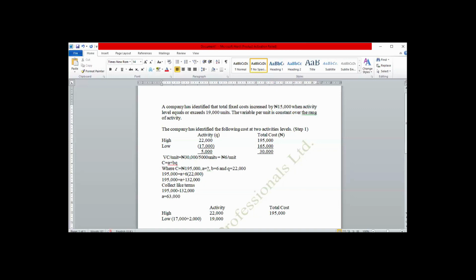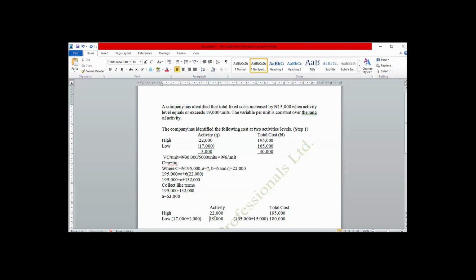As for the cost, previously we are having 165, plus 15,000. What do we now have? 180,000. This is what you're supposed to use, for activity that equals or exceeds 19,000.